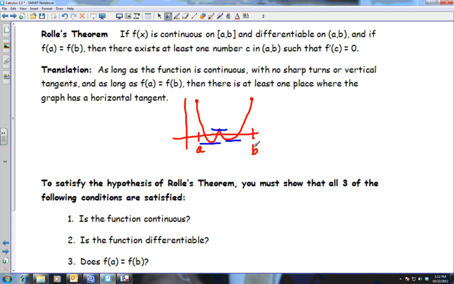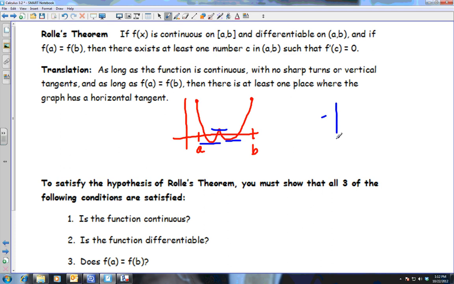And that makes sense because we learned yesterday that any time I have a horizontal tangent, or the slope is 0, I have a critical number there, or a local max or an absolute max or min. Here's a min, here's a max, here's a min. Okay, so that's what Rolle's theorem is saying. If f of a is equal to f of b, then I have to have at least one place where I have a horizontal tangent.